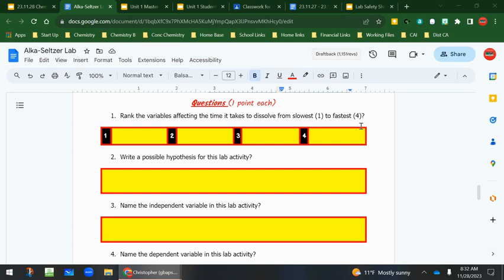Okay. Now, this is where we get to what we didn't talk about yesterday. What is an independent variable, ladies and gentlemen? Something you change. Something that you, the experimenter, change. Something that you, the experimenter, control. Now, the other kind of variable is a dependent.